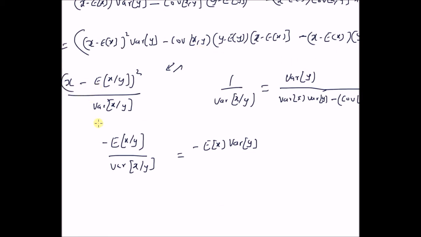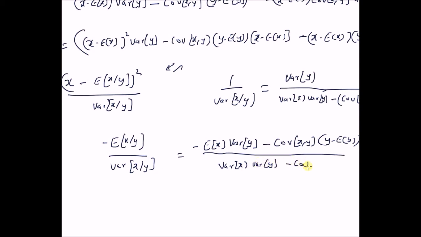Note that there is a 2 over here which cancels with the 2 in the 2ab term from here, and also this term actually repeats. So we also have another covariance of x comma y multiplied by the difference between y and expectation of y, and the denominator should be equal to variance of x into variance of y minus covariance of x comma y squared.